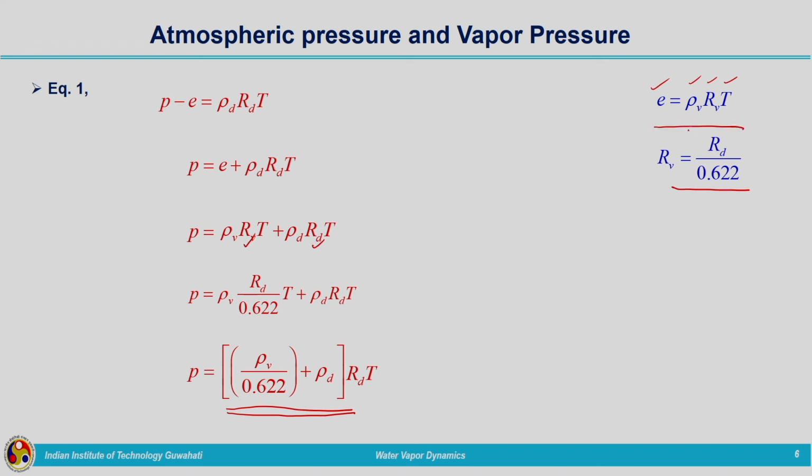Now we have the expression for E and also the expression for P. The next step is to find an expression for specific humidity in terms of E and P, because our aim is to get an expression for specific humidity which can be substituted in the continuity equation, which represents the transport of water vapor in the atmosphere.